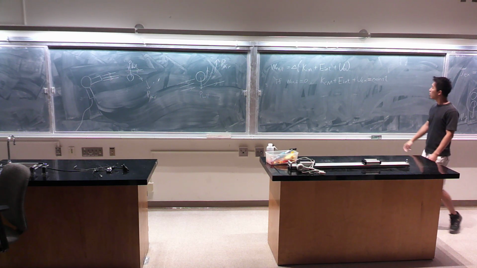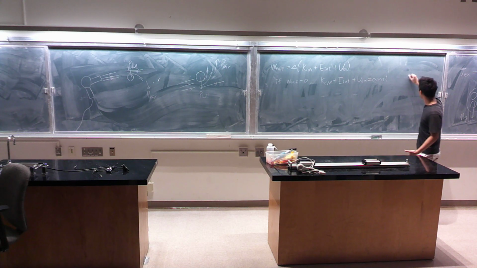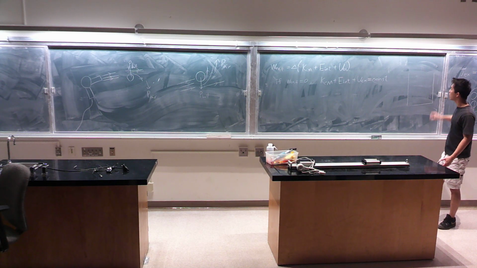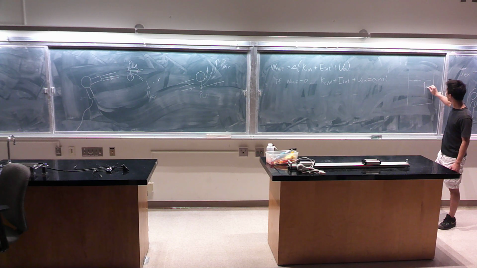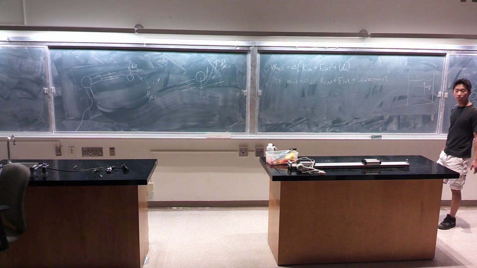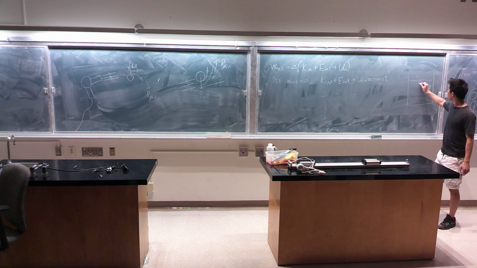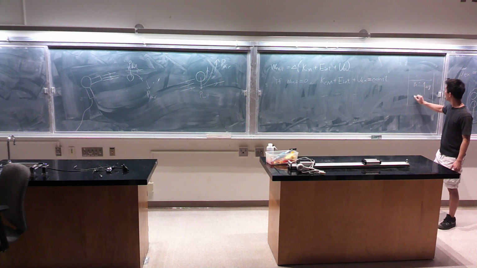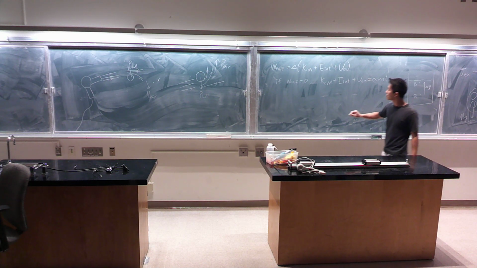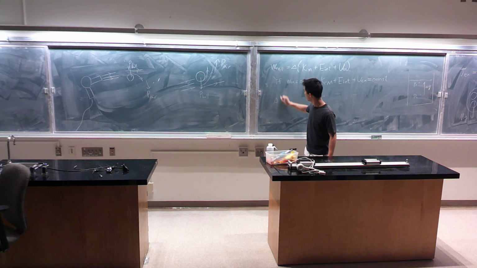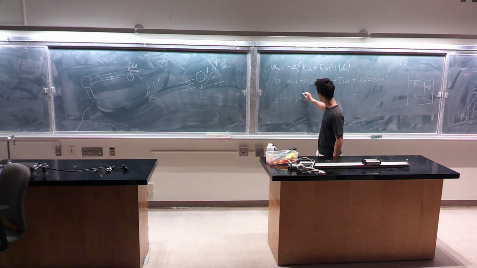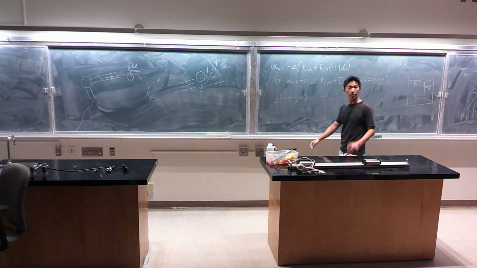Now, when you look at static fluid, you learn that if you go to a higher place in the water, the pressure difference will be minus rho g delta y, right?